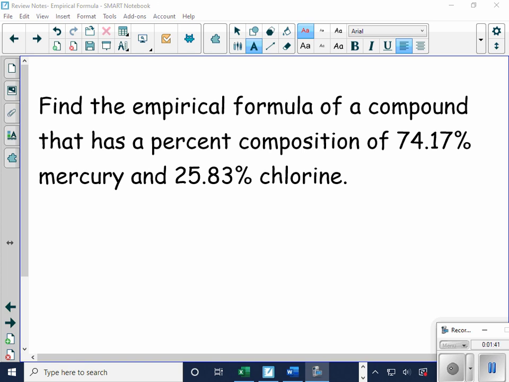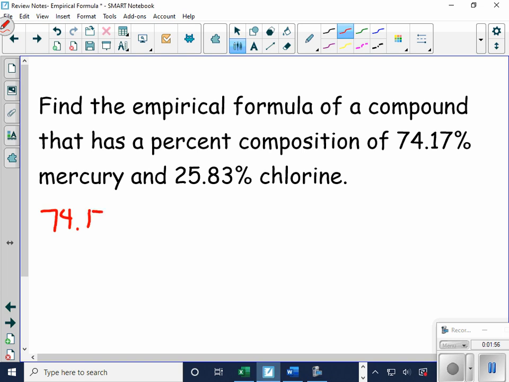So as I look at that, 74.17% mercury, what I am going to do is change that percent. Instead of percent, I'm going to switch that and just say, okay, I have grams.